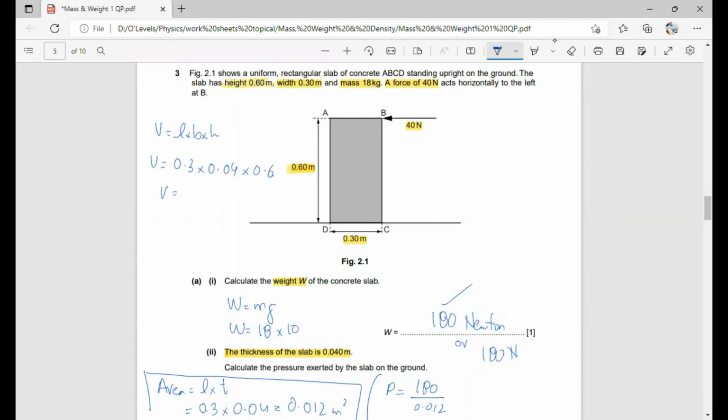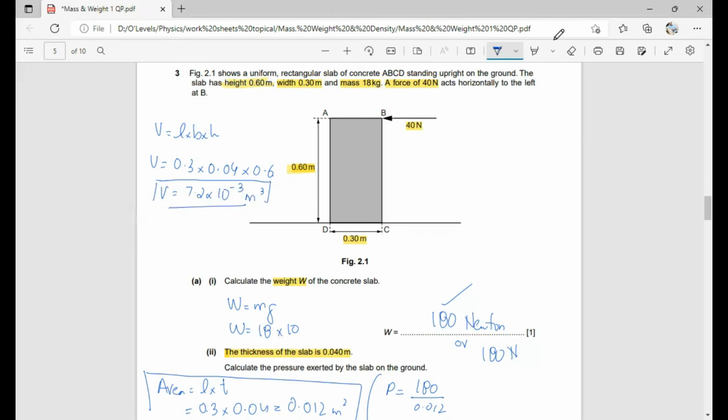So what should be the volume? 0.3 multiplied by 0.04 multiplied by 0.6 is 7.2 × 10^-3 meter cube.